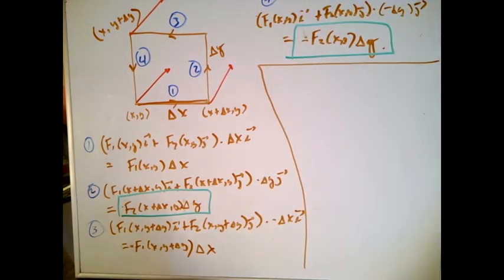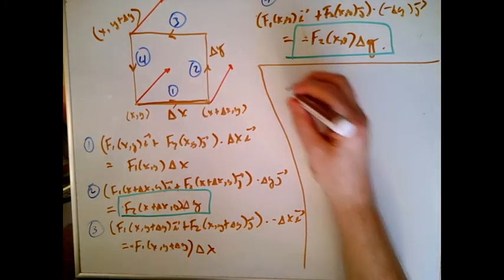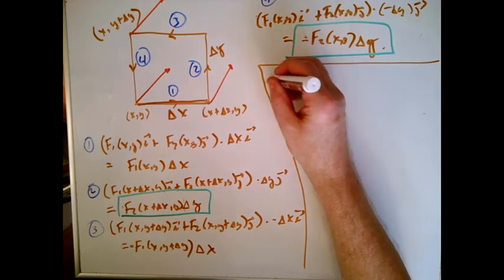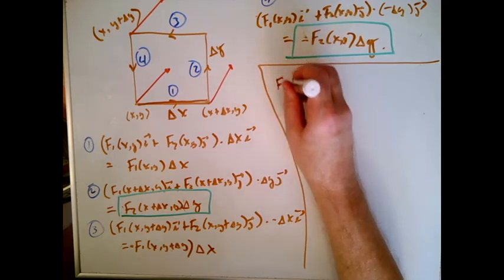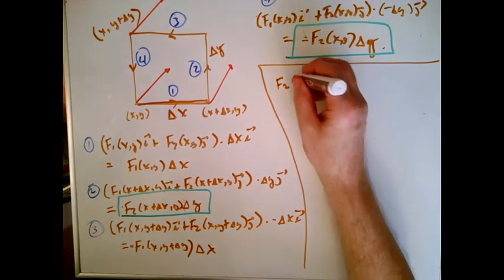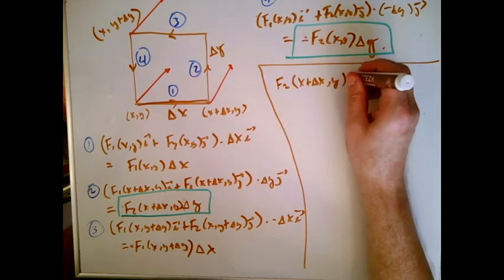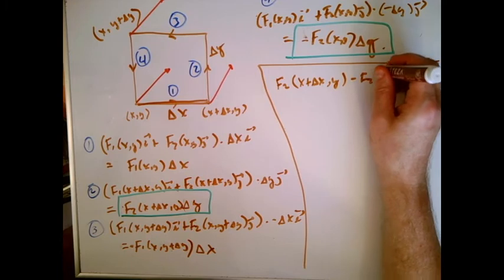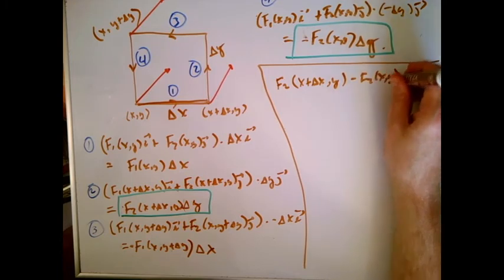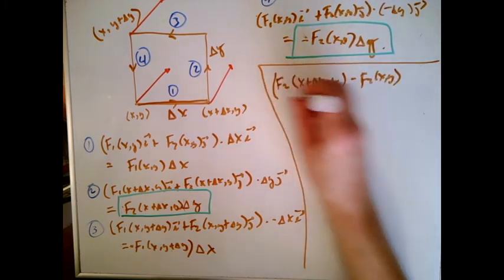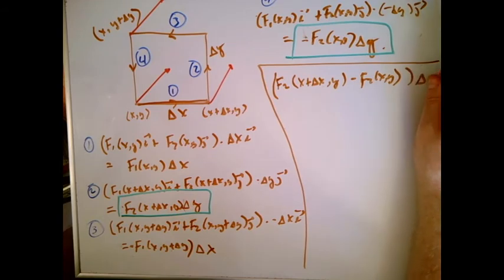I can combine them by pulling out a delta y, so if I combine the delta y terms, I'm going to get f2 of x plus delta x, comma y, minus f2 of x, y, like that, times delta y.